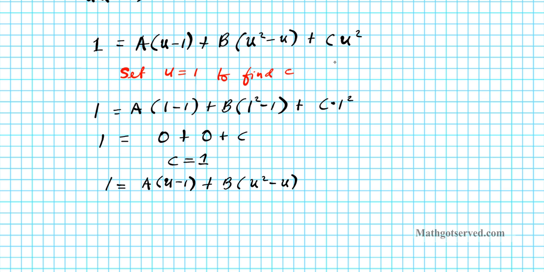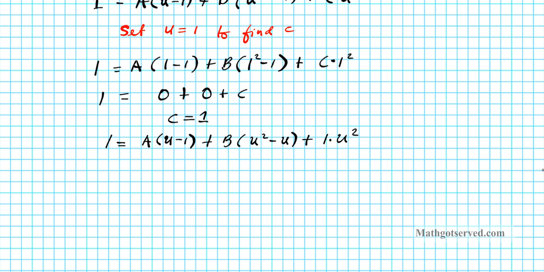C is now 1, it's substituted there, so it's going to be 1 times u squared. Let's distribute this completely. So here I'm going to have 1 equals au minus a plus bu squared minus bu plus u squared.